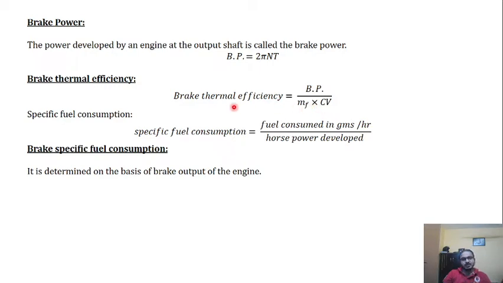So here the input is mf into cv. Now mf is the mass flow rate of fuel and cv is known as calorific value. That is, calorific value is how much thermal energy or heat energy is liberated by burning 1 kg of fuel.